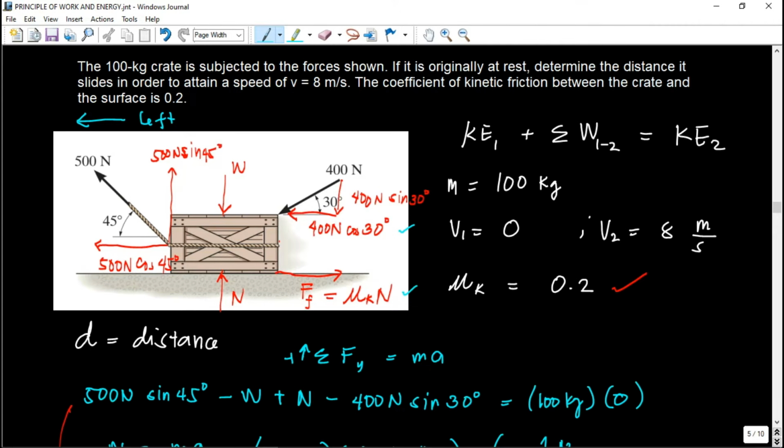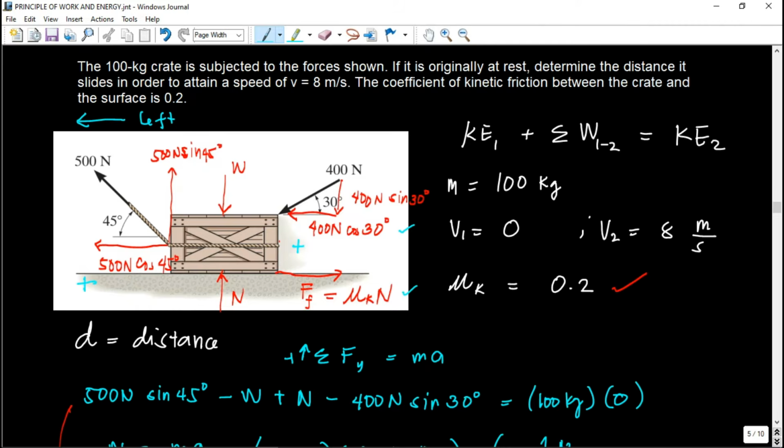If the 500 newtons is in the same direction as that movement to the left, then the 500 newtons cosine 45 degrees does positive work on the system, because it is the same direction as the displacement. Then of course the 400 newtons cosine 30, since it is also going to the left, also does positive work on the system.